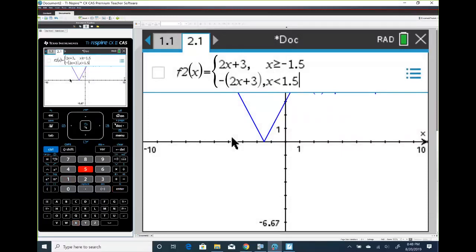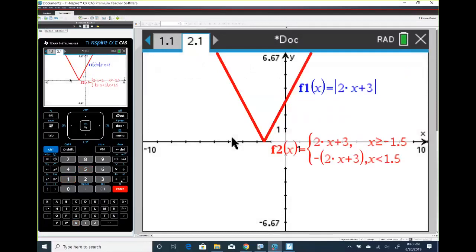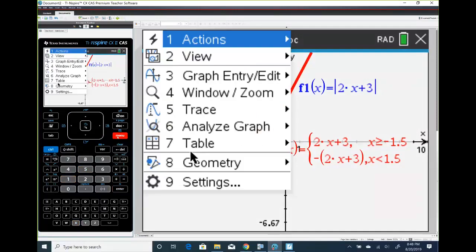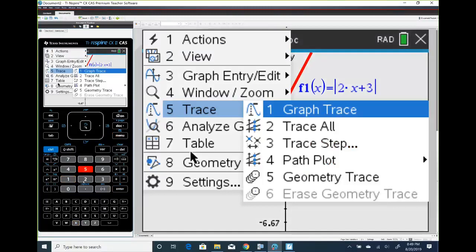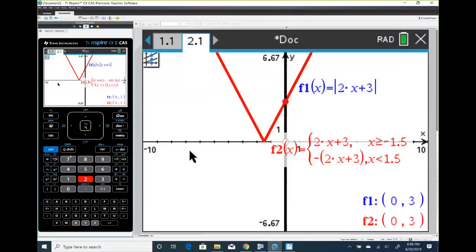And if I go to graph this, there we go. I could again do my favorite menu, then number 5, trace, and then number 2, trace all. We can also be using tables to look at values. That is an option as well.